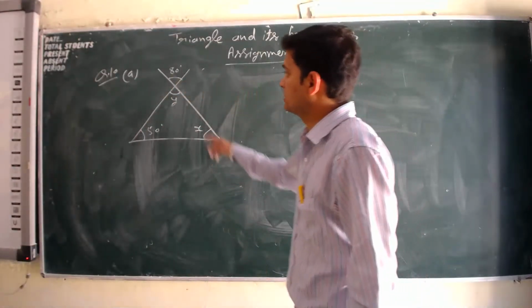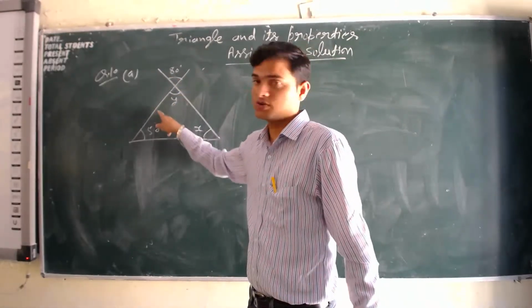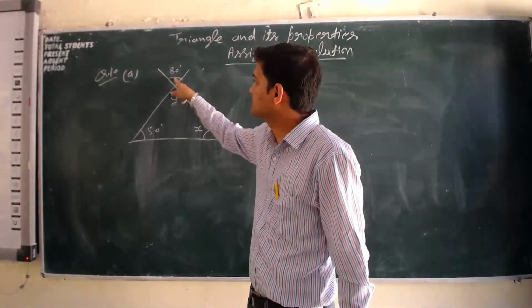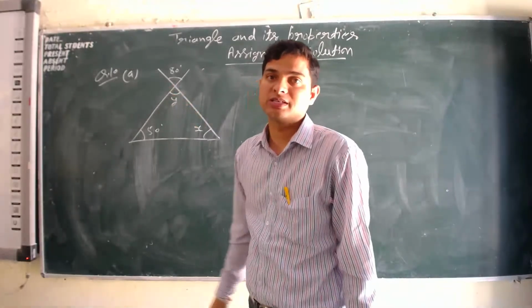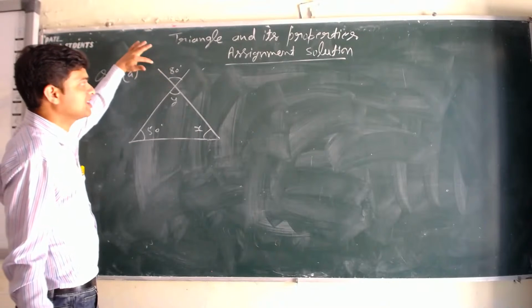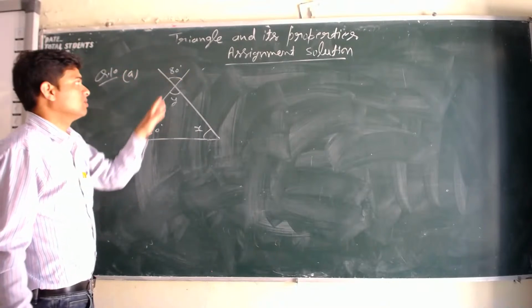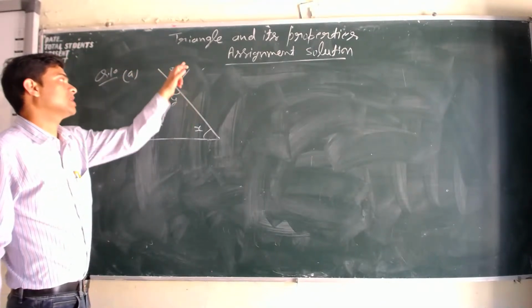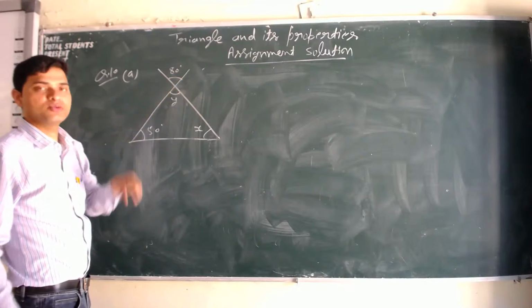Okay, you can see that these two sides are closer with each other. It means this angle is vertically opposite to this. This is not the exterior angle. For an exterior angle, one side is increased, not the second side. But both sides are increased, so these two lines intersect with each other at the intersection point.